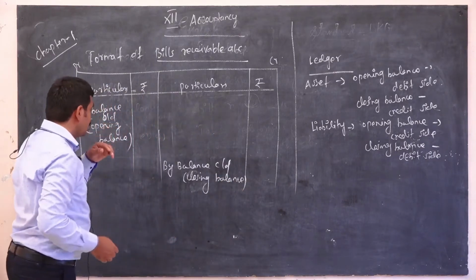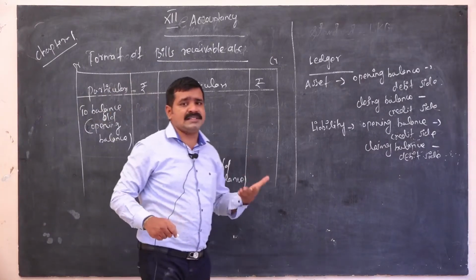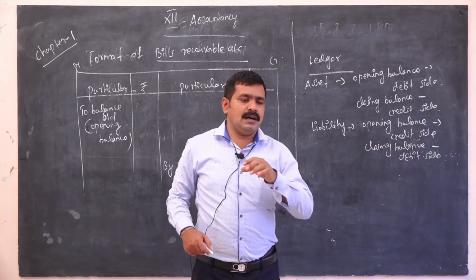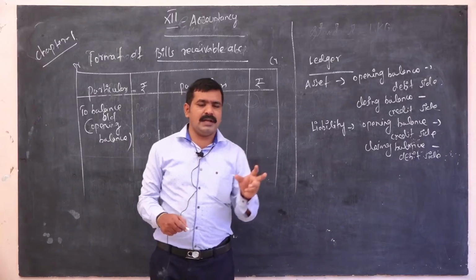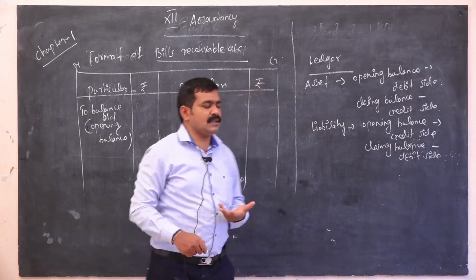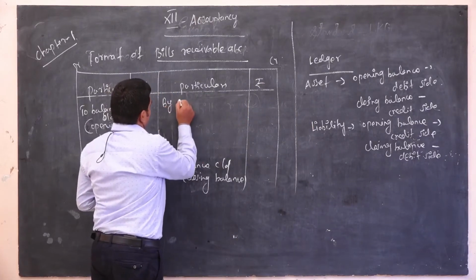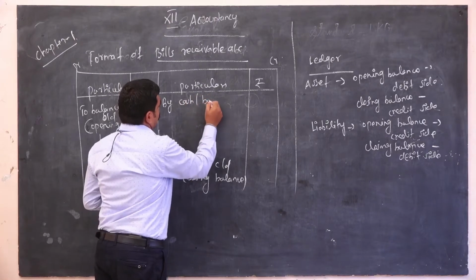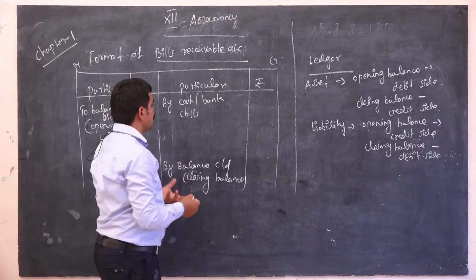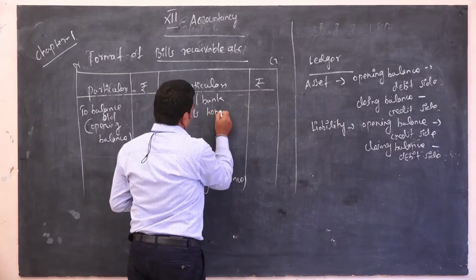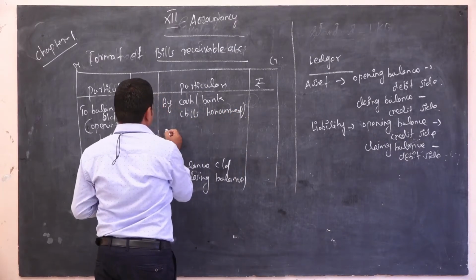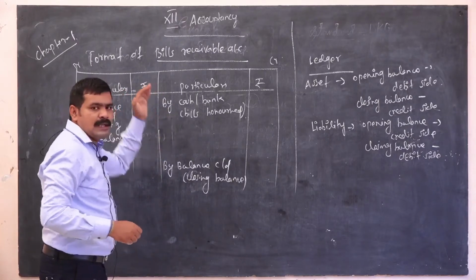In case of any cash or bank transaction, bills accepted by some drawee, for example Mr. A may accept your bill from B, that is by cash or bank. Bills honored means accepted, your bill was accepted.